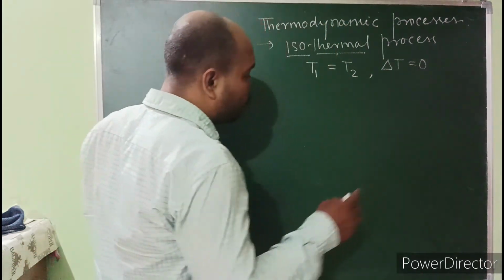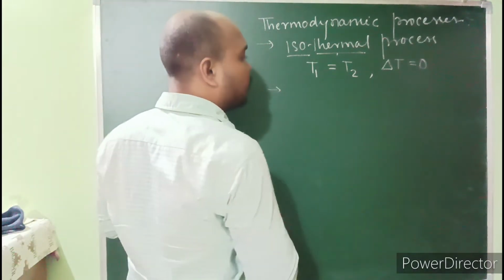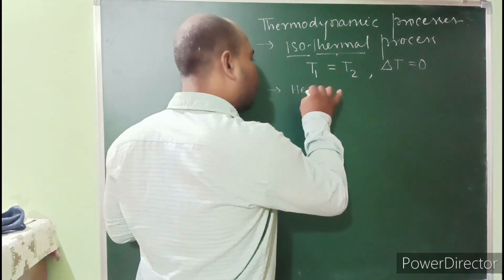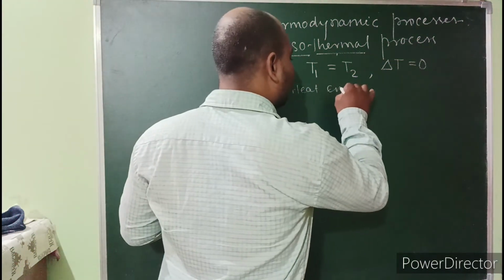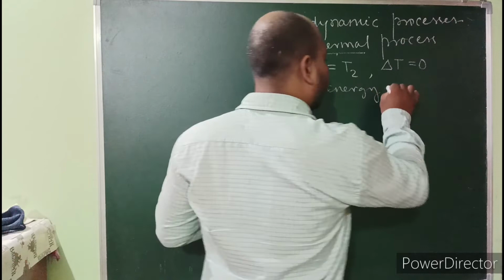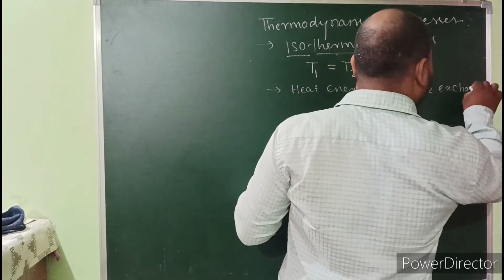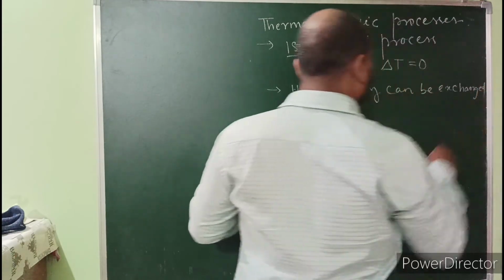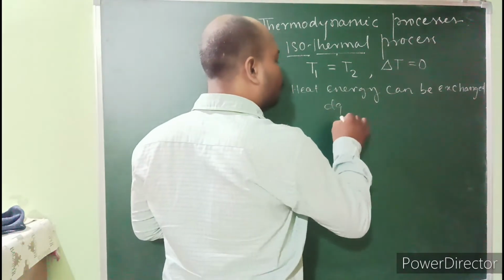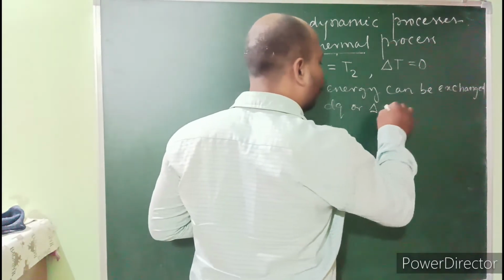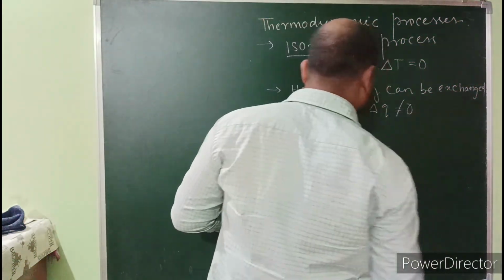Now we remember that heat energy can be exchanged, that is dq, or we can write del q, cannot be 0.